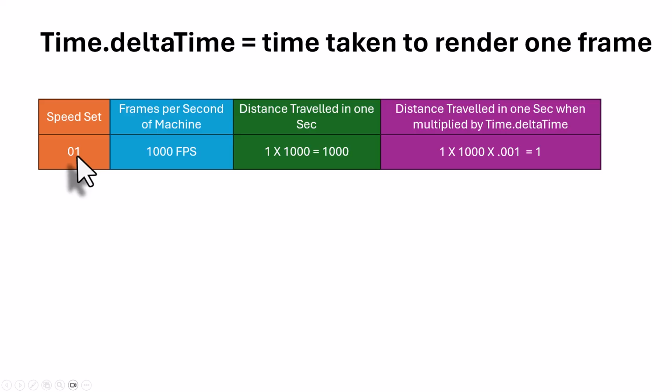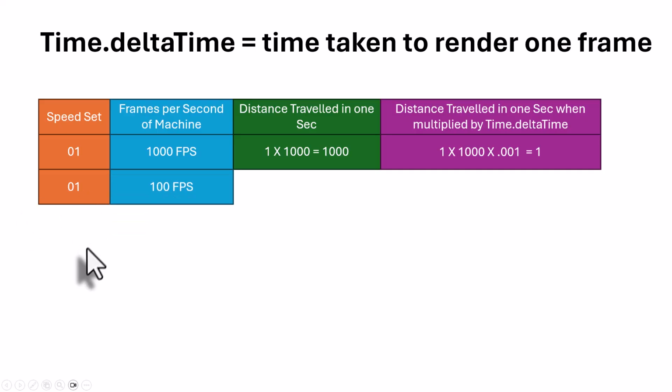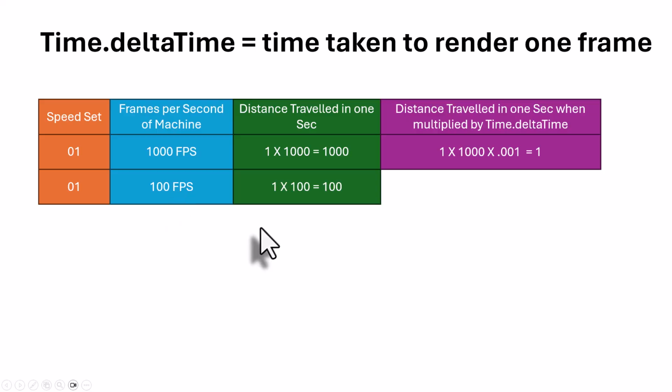So instead of traveling at 1 meter per frame, when you multiply it by Time.deltaTime, it is moving at 1 meter per second. If you come to a slow-end machine, again here we have set the speed to 1 unit, and here the frames per second is just 100. Then it is going to travel 1 times 100 meters per second.